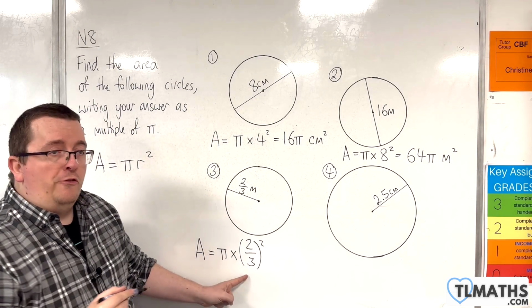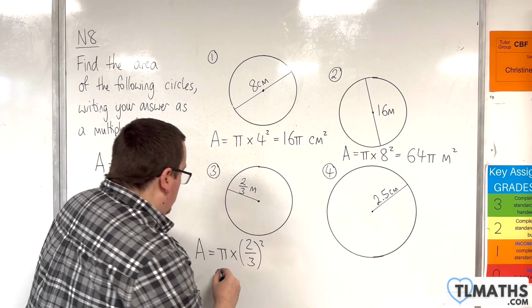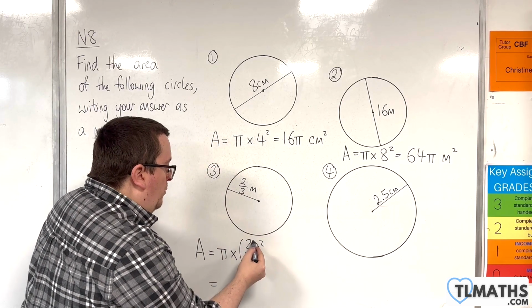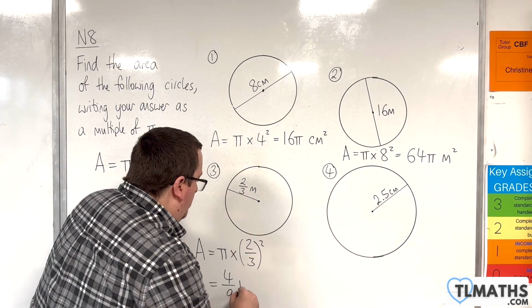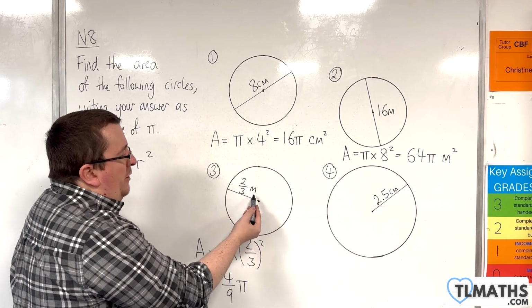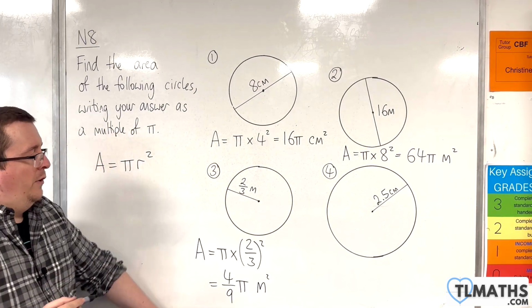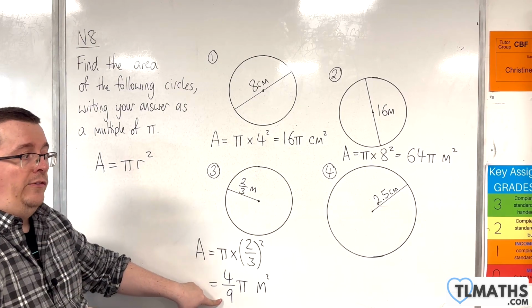Now when you square a fraction, remember you need to square the numerator and square the denominator. So this will be 4/9, 2 squared over 3 squared. So 4/9 pi. And because we're in metres, this will be metres squared. So the exact area of this circle would be 4/9 pi square metres.